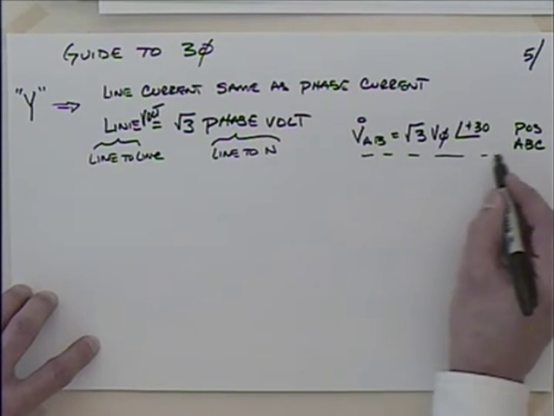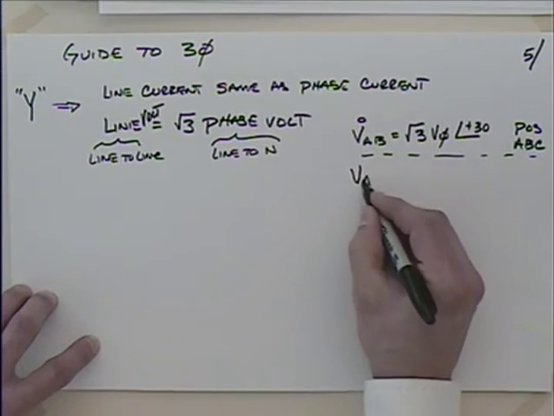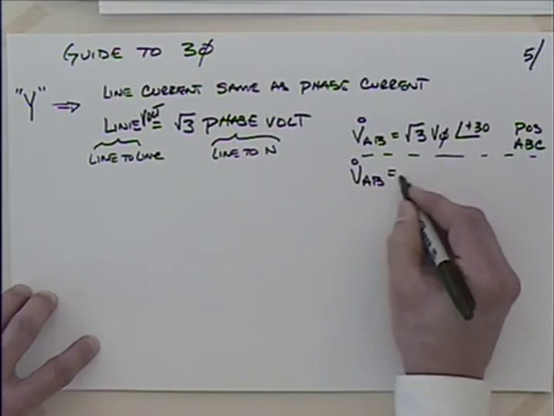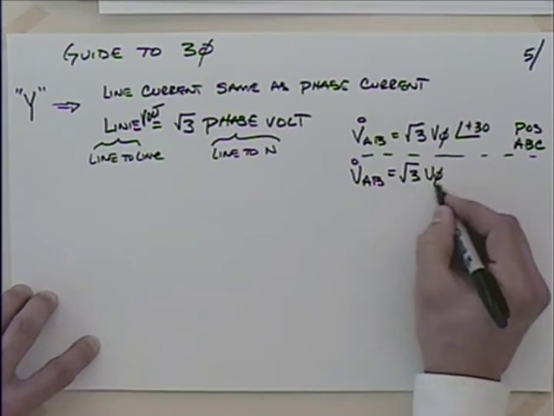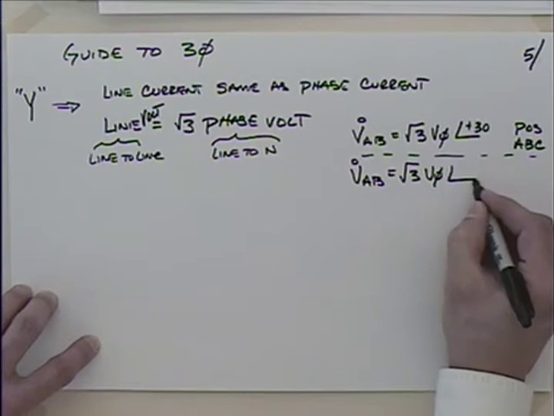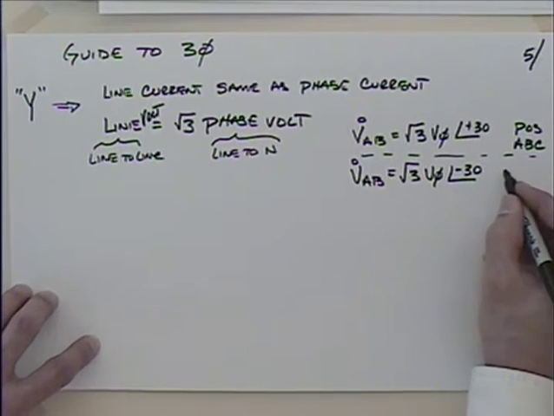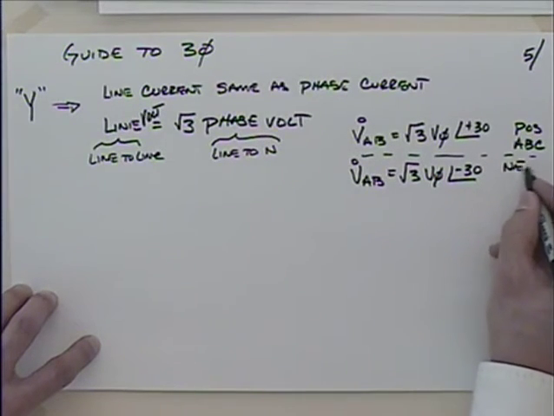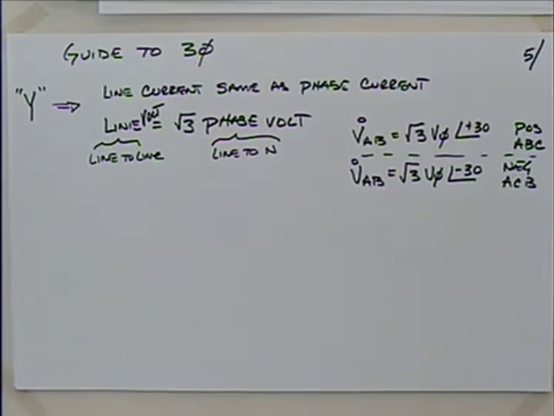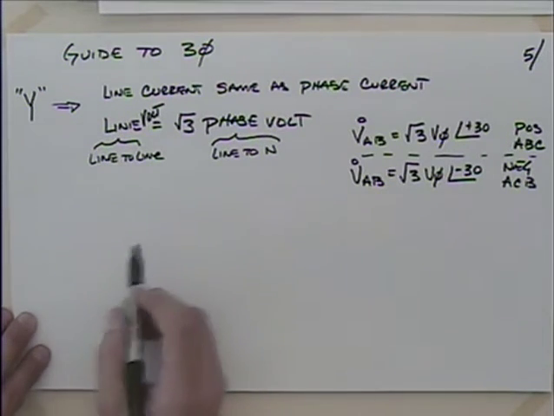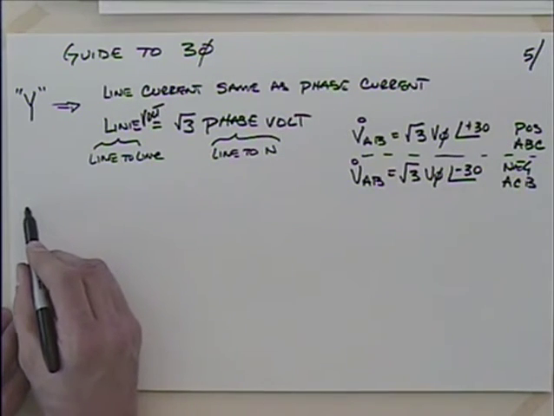And we could say that VAB was equal to the square root of 3 times V phi, exactly the same magnitude, but here I have a minus 30 degrees, and what do you think that's for? Negative or ACB, right? So something like this on your formula card would probably be a good plan.